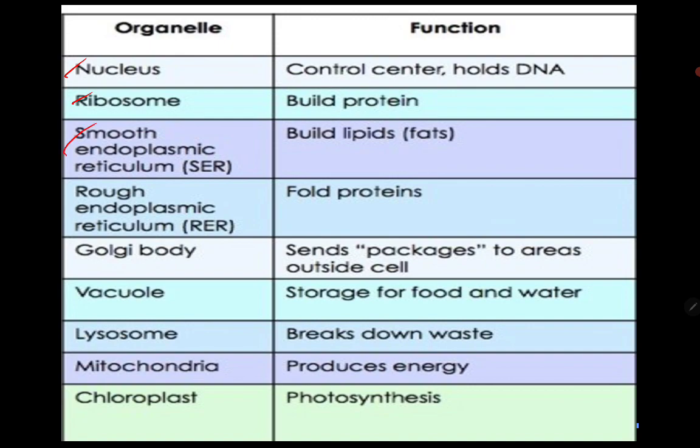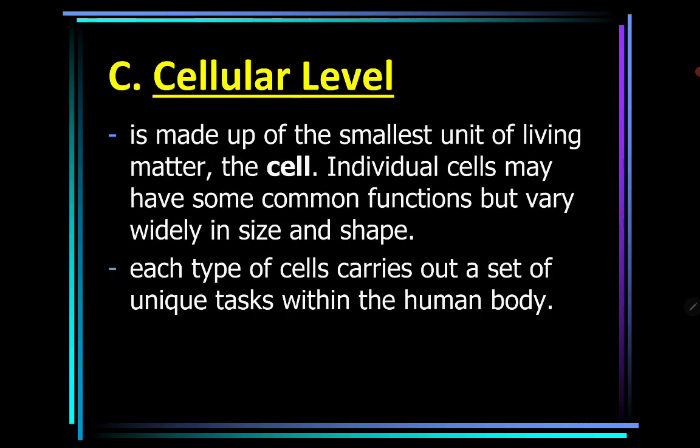The smooth ER, or smooth endoplasmic reticulum, builds lipids or fats. The rough ER folds the protein. The Golgi body sends packages to areas outside the cell. The vacuole is storage for food and water. The lysosome breaks down waste. The mitochondria is the power plant that produces energy. And of course, the chloroplast for photosynthesis. So that's for the organelle level.